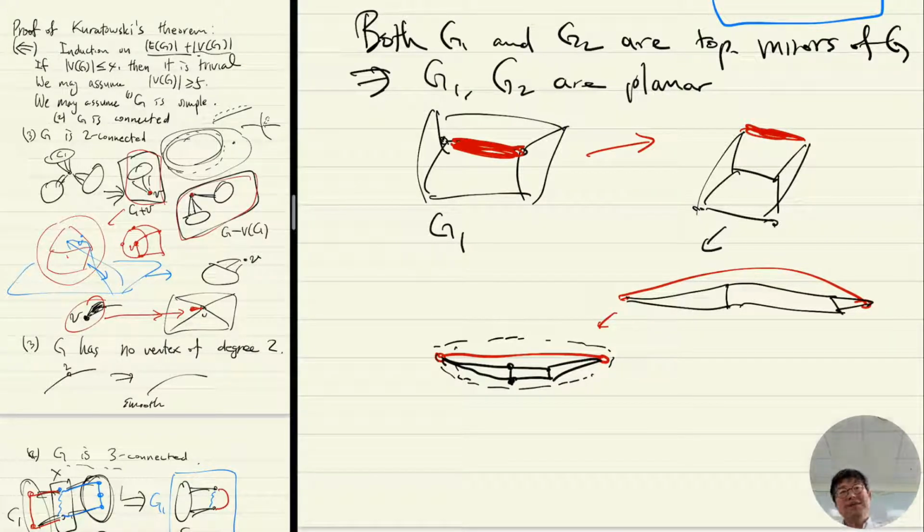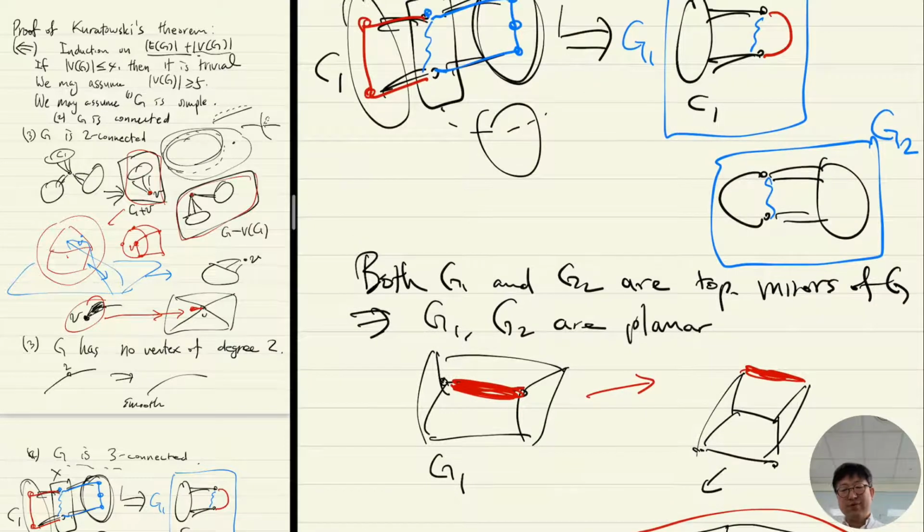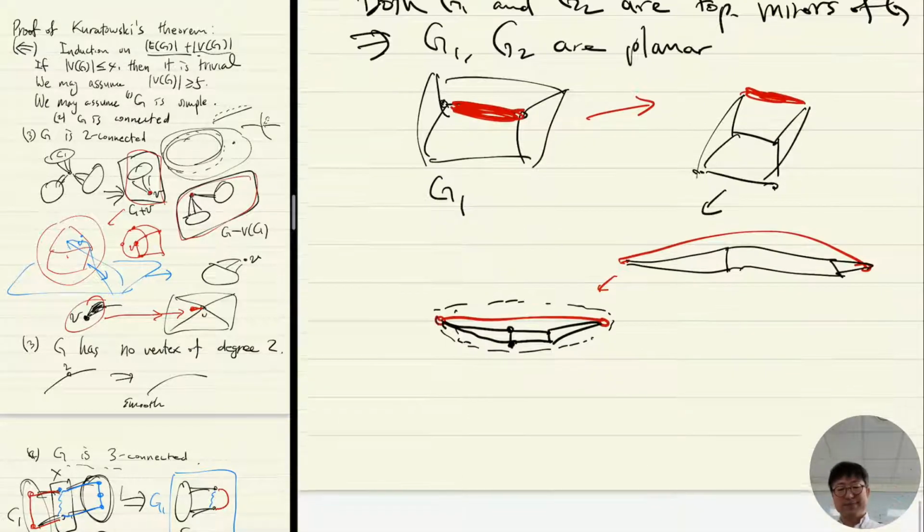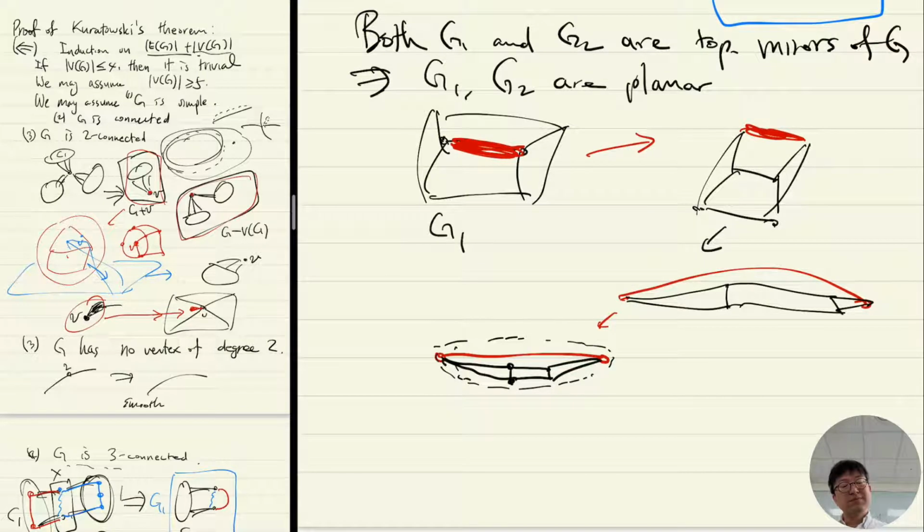And in my second graph, I find the planar embedding of the second graph and then find the red edge. And then replace this red edge with this guy, right? Is that good? Yeah, that's fine.